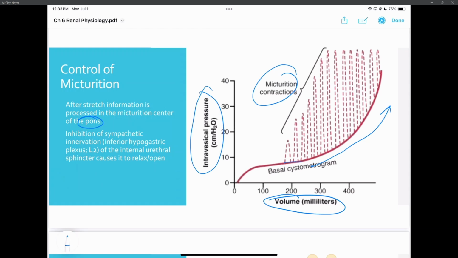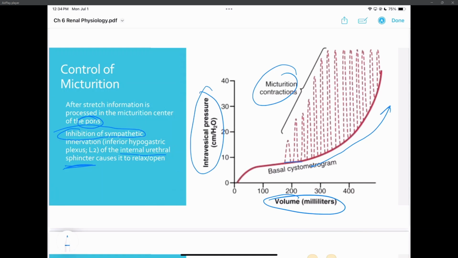In order to get urine to flow, we have to inhibit the sympathetic system. The sympathetic system has an effect at the internal urethral sphincter. Remember, the sympathetic system causes constriction of that urinary sphincter.